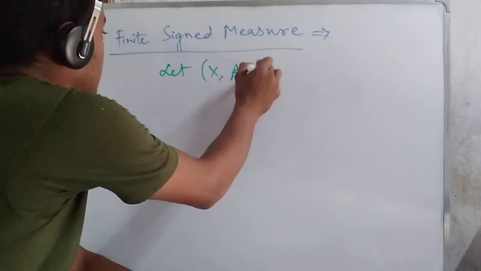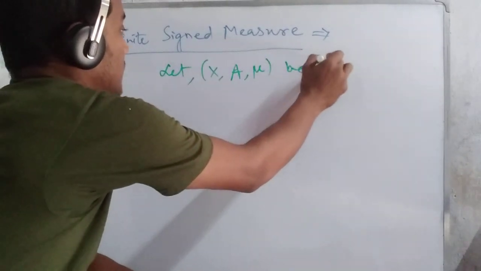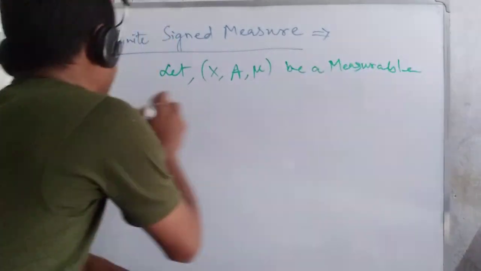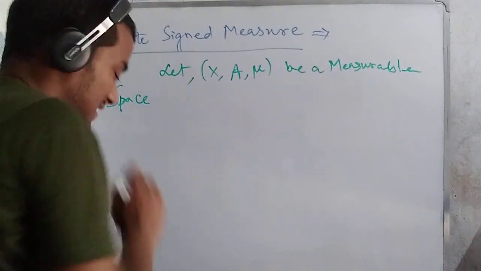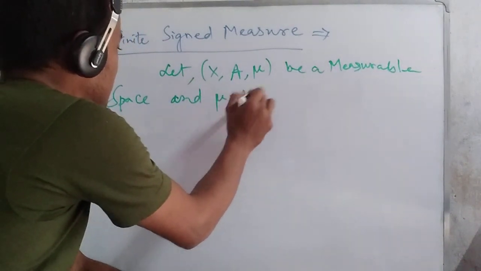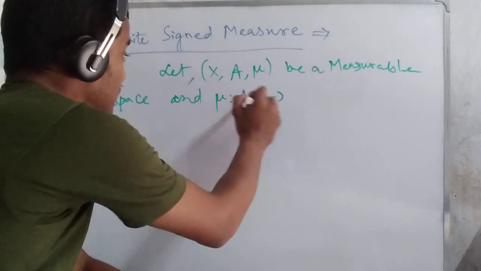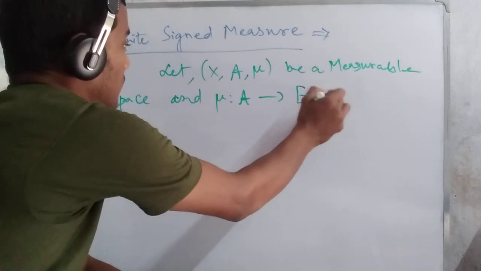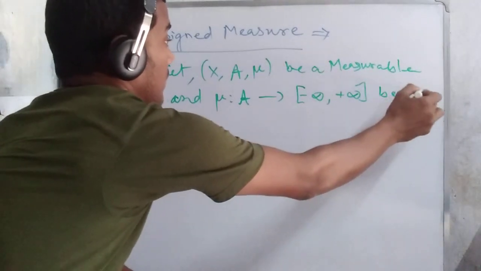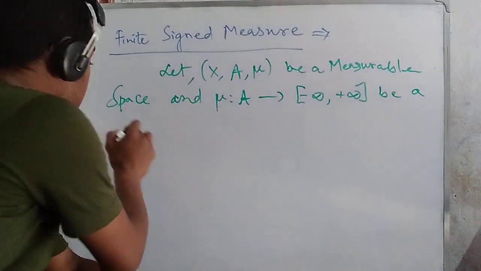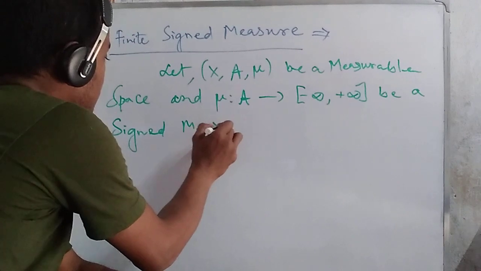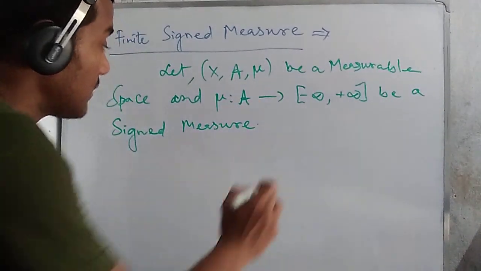Let (X, 𝒜, μ) be a measurable space, and μ: 𝒜 → (−∞, +∞] be a signed measure.